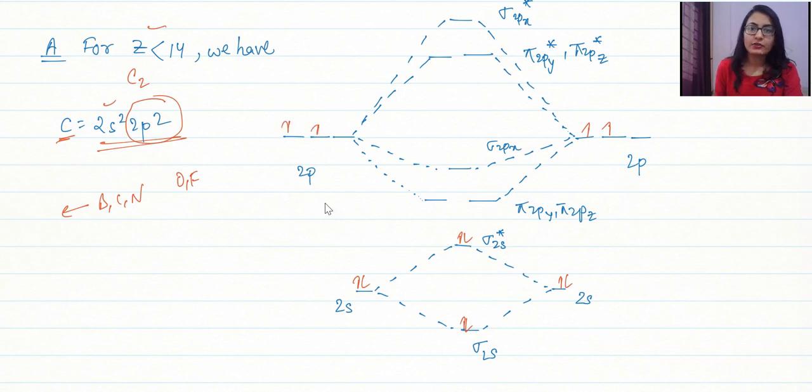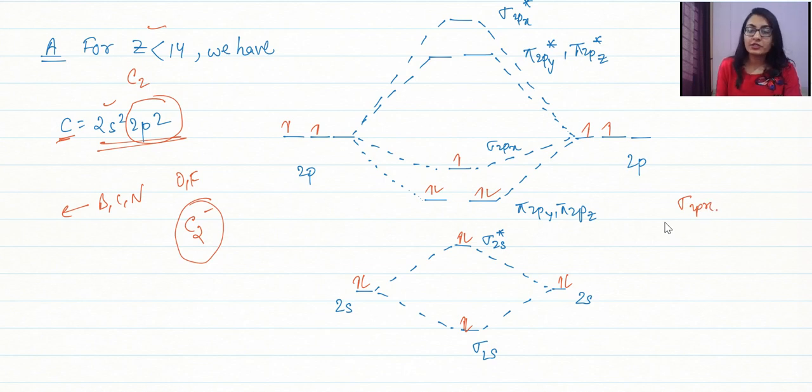So for C2 it is 2 electrons from both the sides, so definitely it is 1, 2, 3 and 4. Also in the question it is asking about C2 minus, so there is 1 electron extra. Where does that extra electron go? It goes into the sigma 2px orbital.